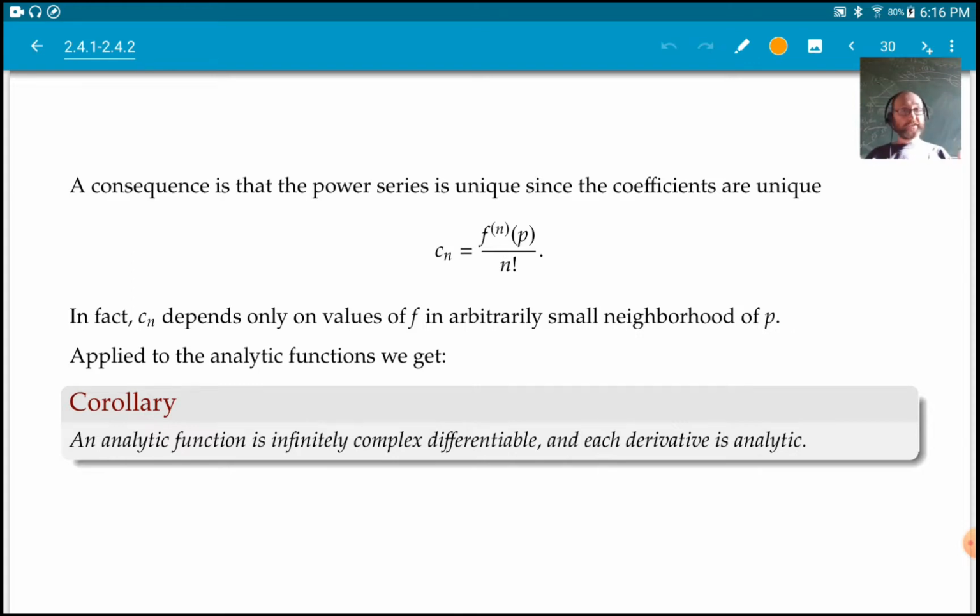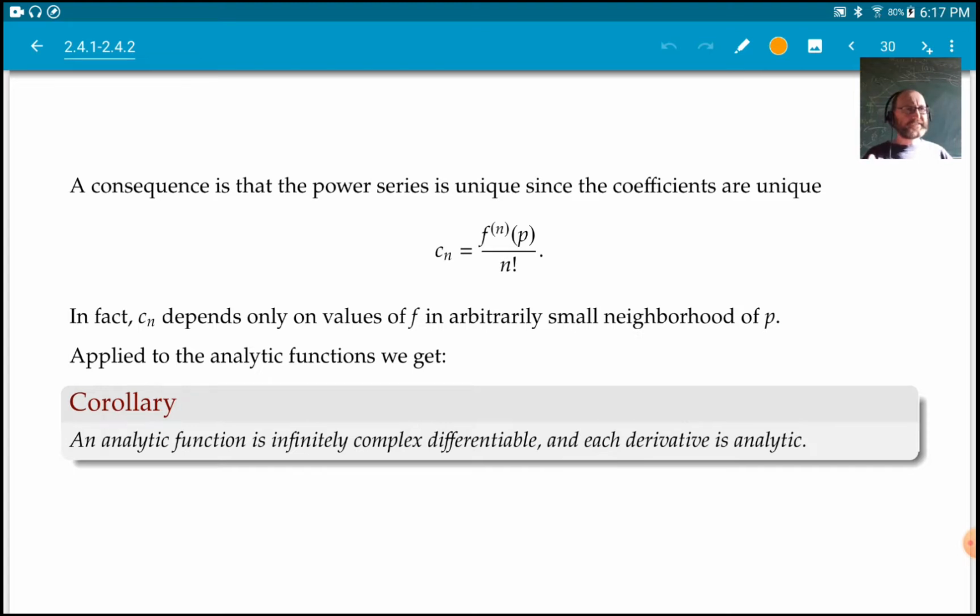Because I can differentiate the power series at each point, I also find that the derivatives have power series. So an analytic function is infinitely complex differentiable, and each derivative is analytic. The first derivative, second derivative, all the derivatives are analytic.